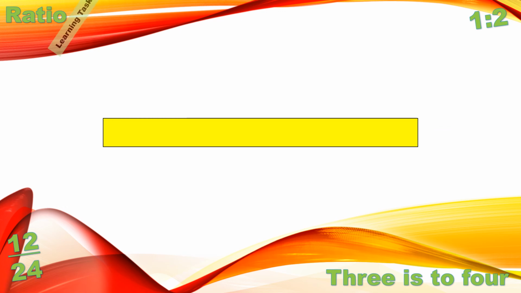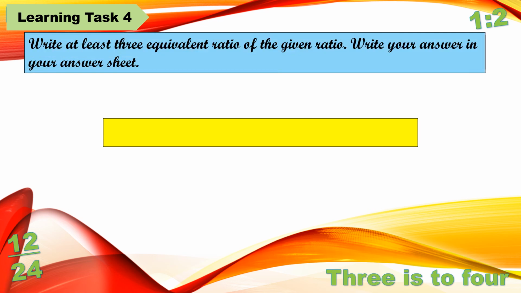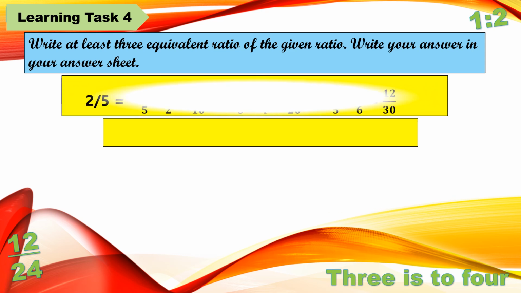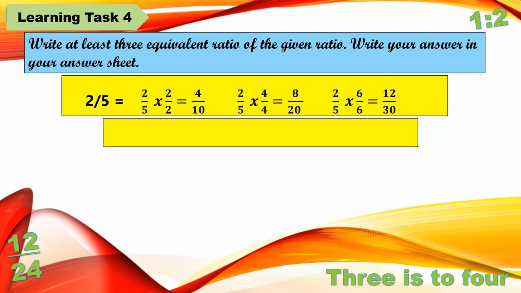Learning task number 4. So write at least 3 equivalent ratios of the given ratio. Write your answer in your answer sheet. So example, kung tanda pa yung dinicuss natin kanina sa equivalent ratio. What is the equivalent ratio of 2/5?